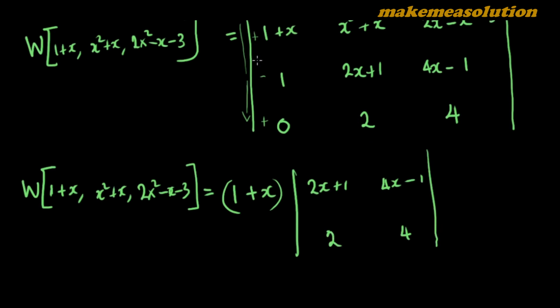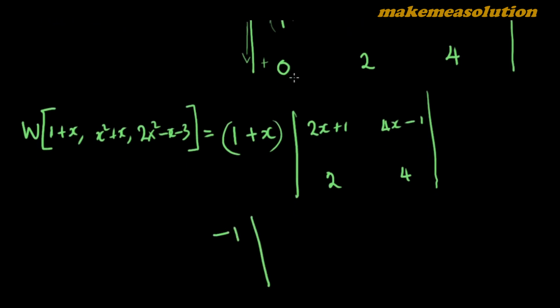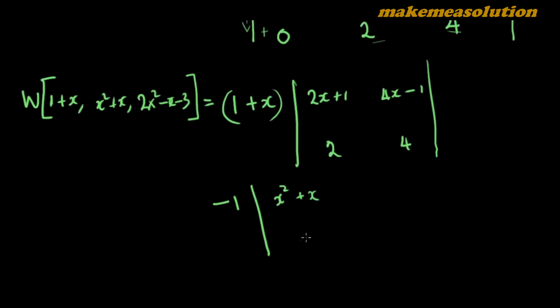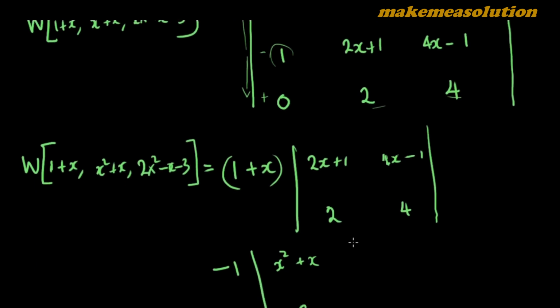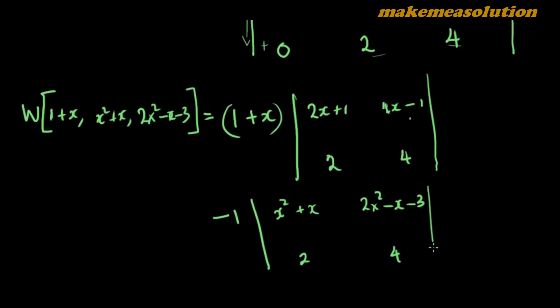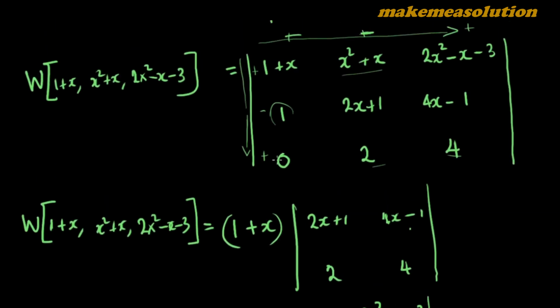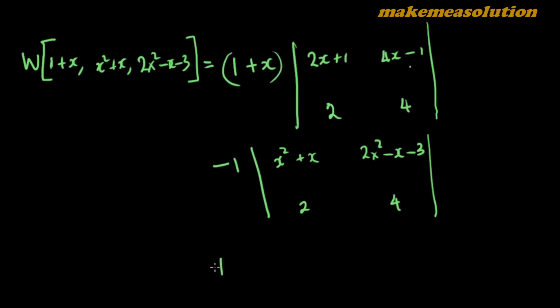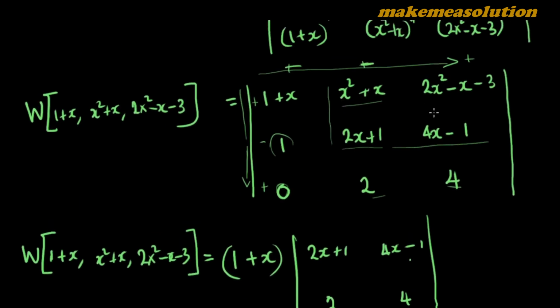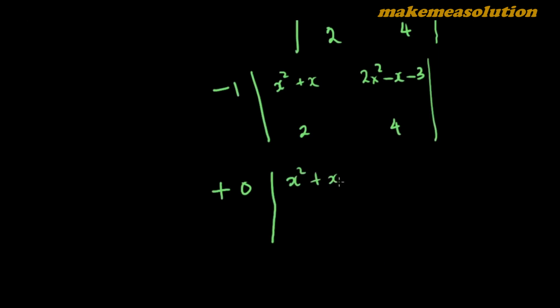Then minus 1 into the minor with x squared plus x, 2, then 2x squared minus x minus 3, and 4. Then for the last element, 0, let me just take it to fulfill righteousness: plus 0 into the minor with x squared plus x, 2x squared minus x minus 3, 2x plus 1, and 4x minus 1.